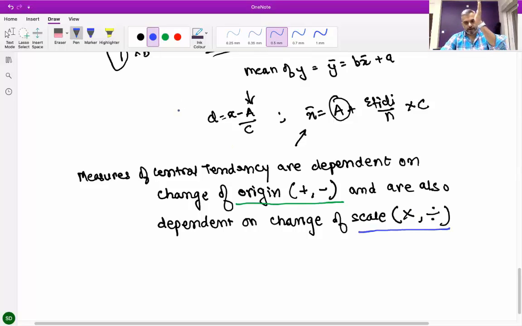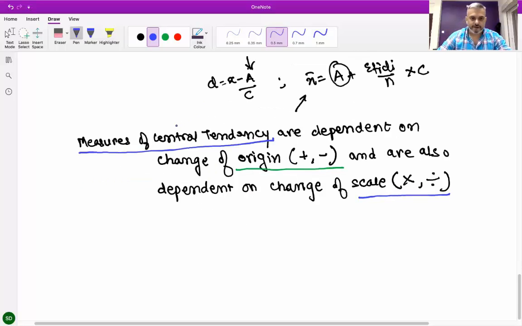So if you convert the original observation by multiplying, dividing, adding, subtracting, similarly the formula will change. What you have added will be subtracted, what you have subtracted will be added, what you have divided will be multiplied, what you have multiplied will be divided, because this is the characteristic of measures of central tendency. These are the characteristics, that they are affected. So in order to adjust that, you have to adjust the formula.